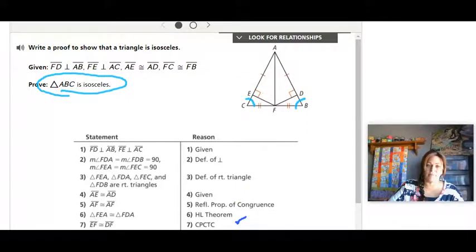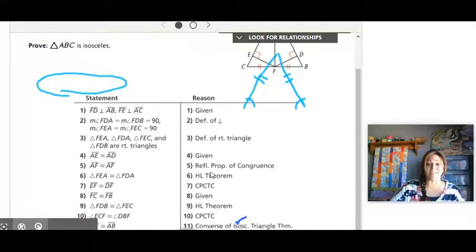Let me mark them. This whole side length and this whole side length, those two are congruent to each other. And I'm going to put double marks because that single mark was just going from A to D and A to E. So those are definitely creating two congruent sides, which means that is an isosceles triangle.